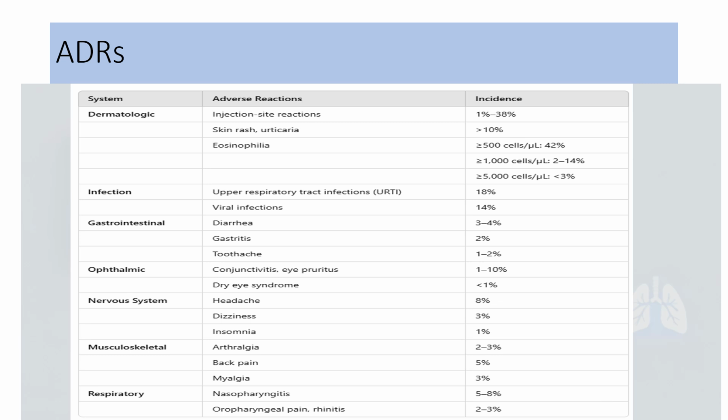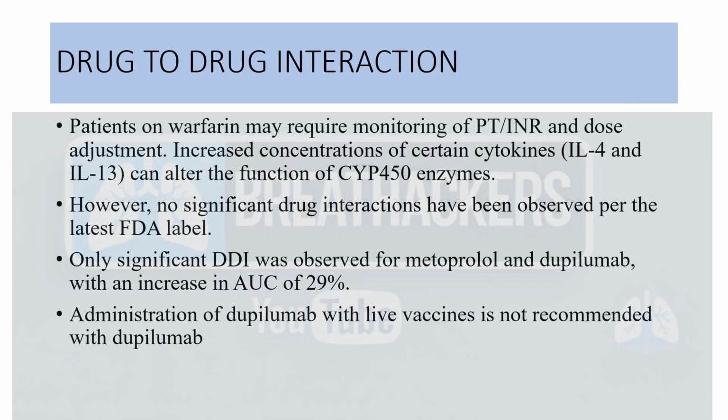But there is a big list, including all the literature available till now for dupilumab. So, we have dermatological drug reaction, infections, GIT side effects, eye side effects, few nervous system like headache, dizziness, musculoskeletal, and respiratory.